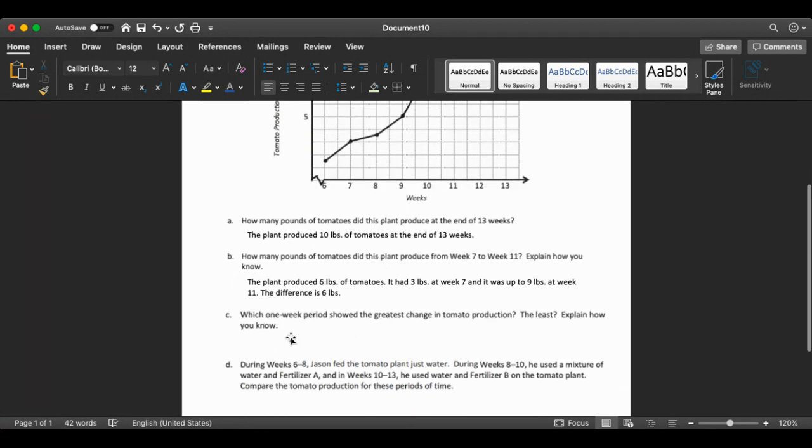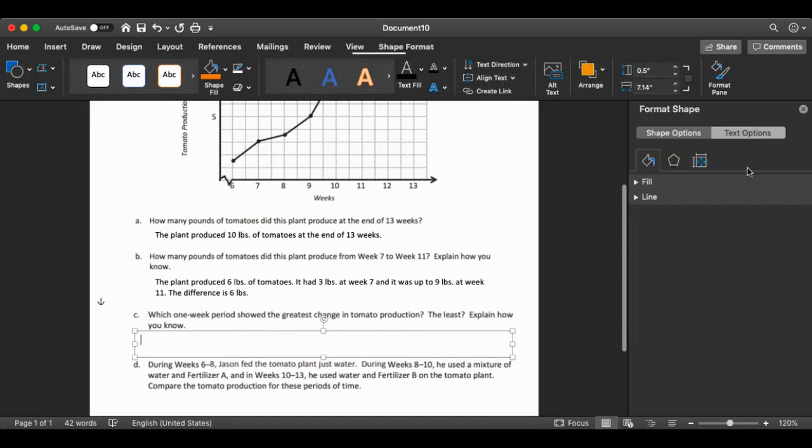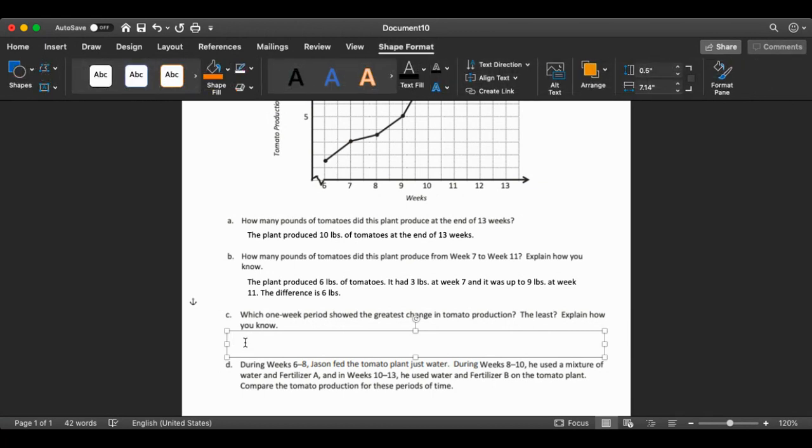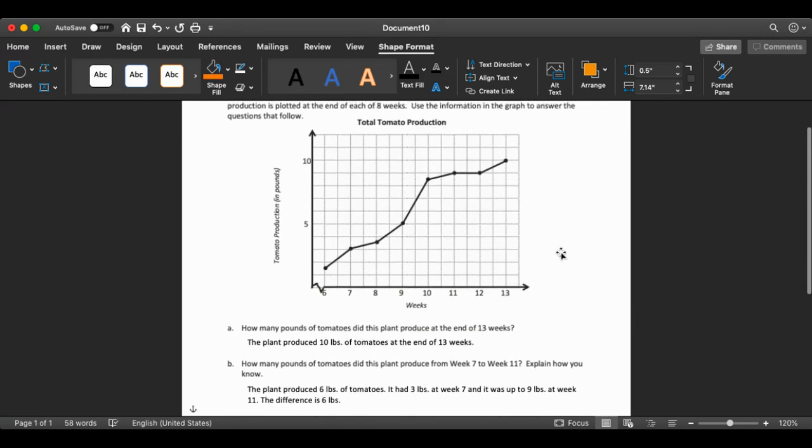So let's first start with that one. We also have to talk about the least. All right, so week 9 to 10. Now let's talk about where it is the least. So I'm trying now to do the opposite. Obviously, each one goes up a little bit, but there is one part where there is no change in the tomato production.